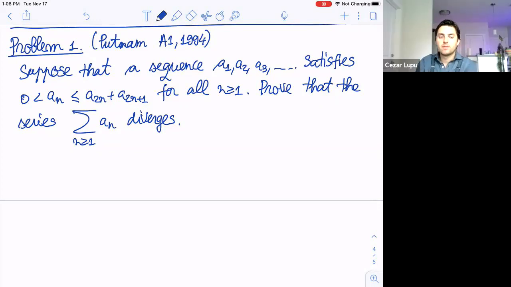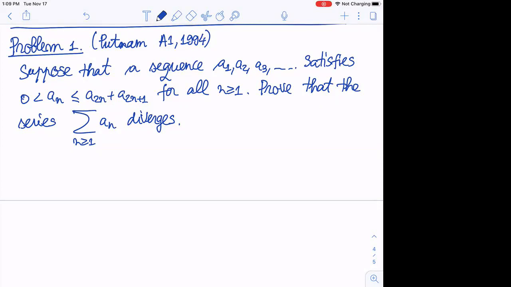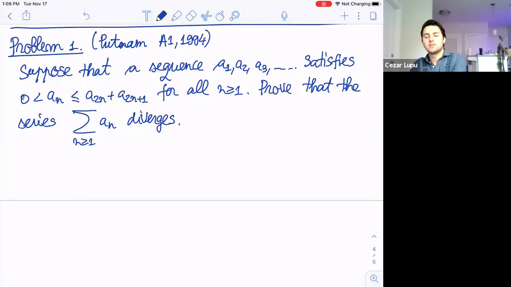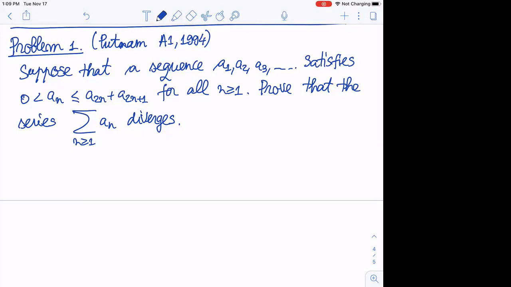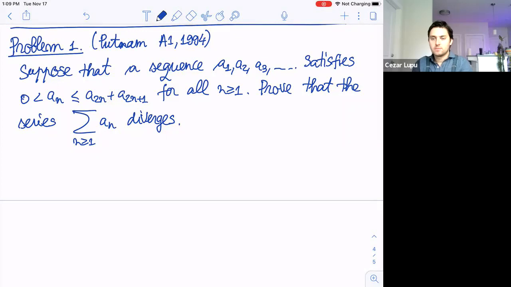No, it's the other way around. Oh, okay. So if you prove that a_n diverges, then the series of a_{2n} plus a_{2n+1} diverges. Gotcha. But this doesn't help you for the problem. No. It's actually easier than you think.